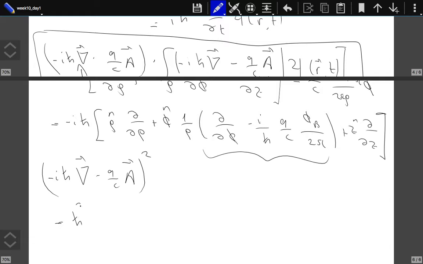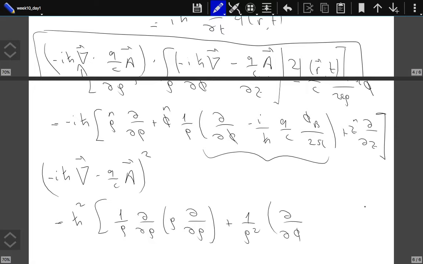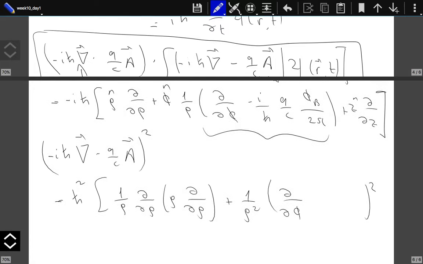This is h squared, 1 over rho del by del rho, rho del by del rho, plus 1 over rho squared del squared by del phi squared, plus del squared by del z squared. This is the Laplacian in cylindrical coordinates, but instead of the phi derivative, I will just use that expression above.